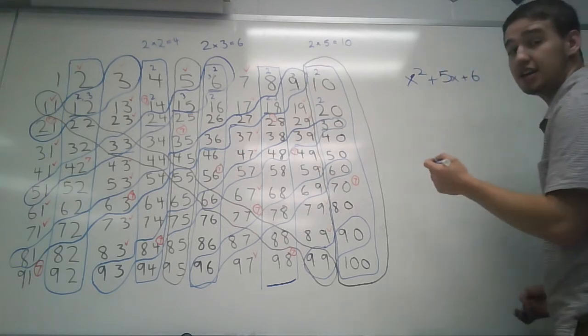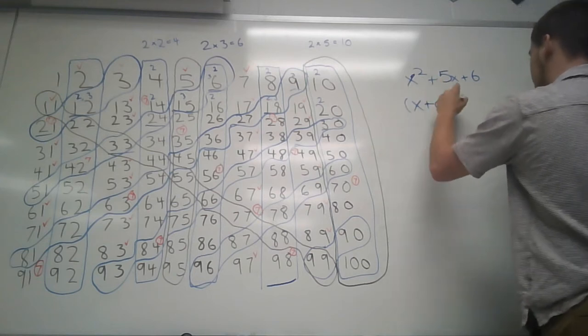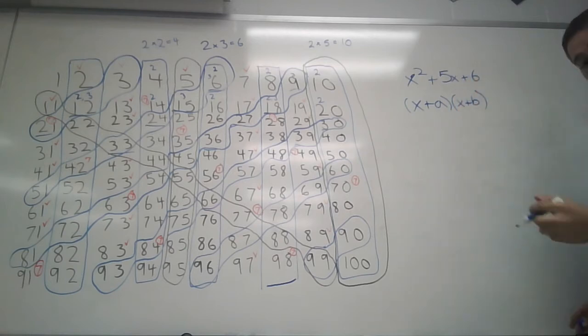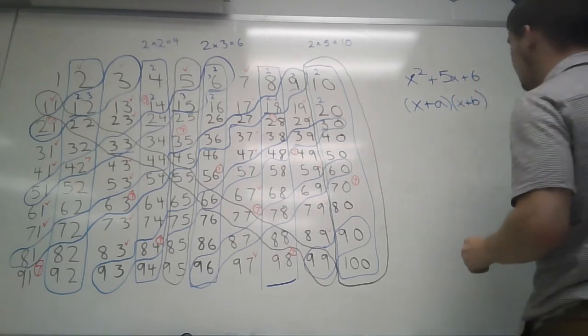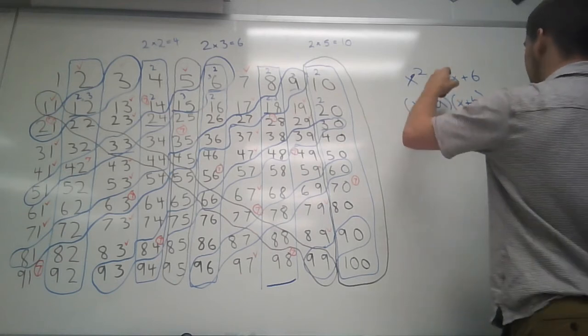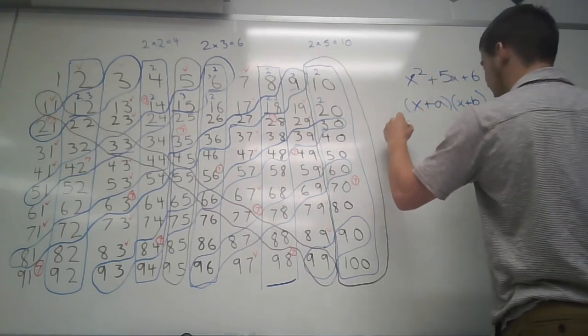We're going to need this in the form of x plus a and x plus b. So now we need to find numbers that multiply together to get 6 and add together to get 5.